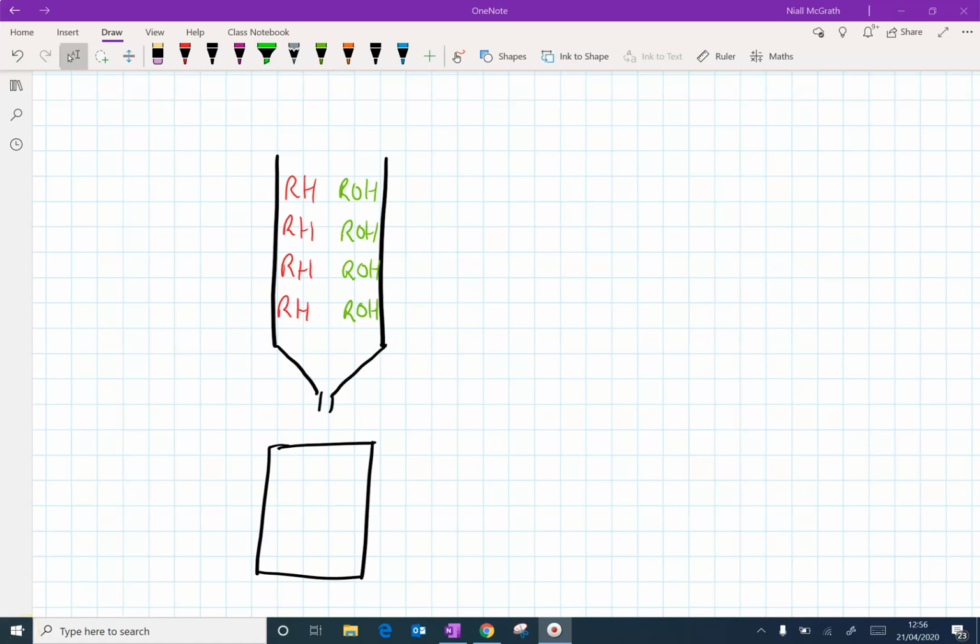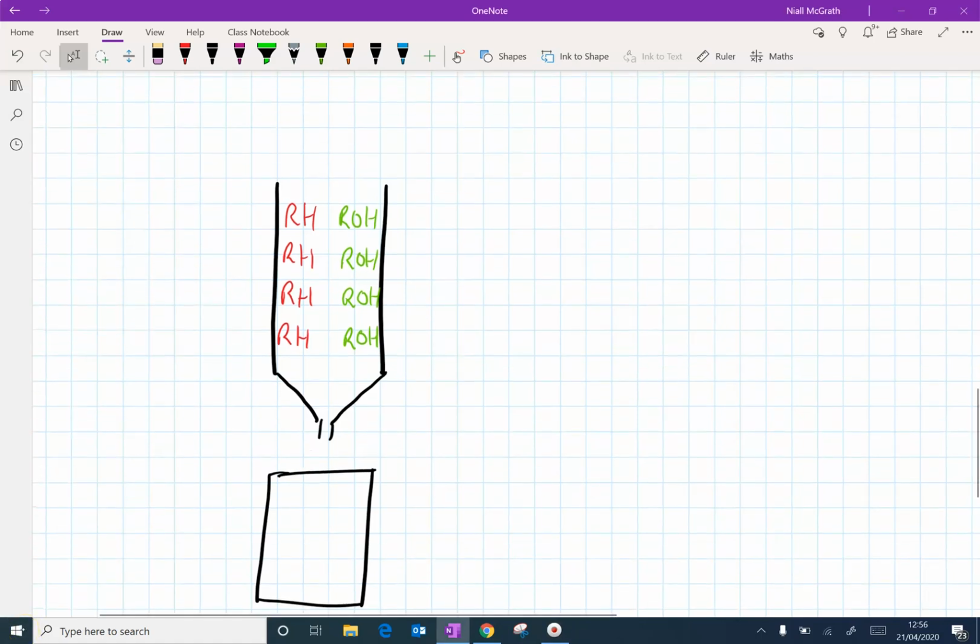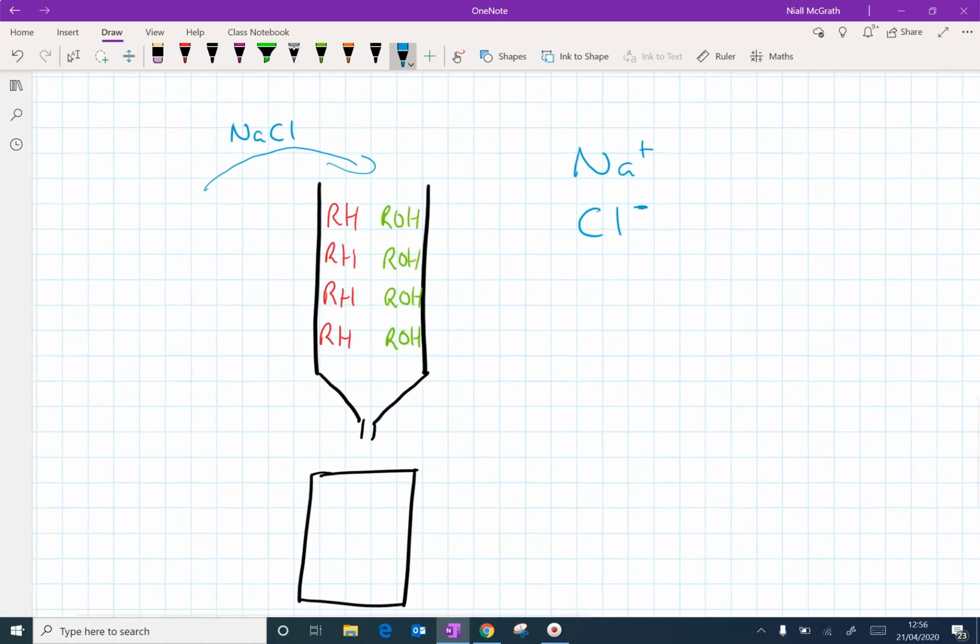So in this case, if we had water, for example, that had NaCl in it, we should know that Na is positively charged and chlorine is negatively charged. So we need something to remove these positive charges from the water, and we also need something to remove these negatively charged ions also.